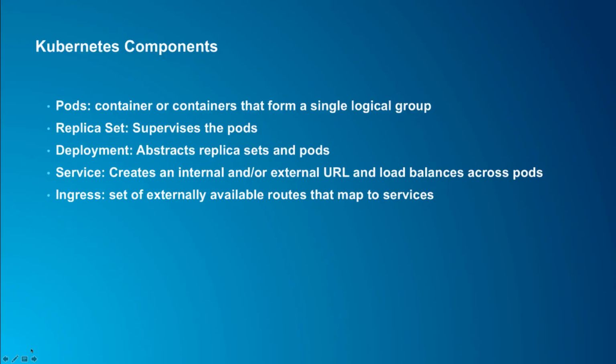Then you have a replica set, which supervises your pods. So you say, I want a replica set that has 3, and Kubernetes will take that information and make sure that 3 of those pods are placed around your cluster where it makes sense according to resource utilization or any constraints that you've specified. And that's really what it means when I say orchestration. The cluster itself is placing the containers, making sure that they stay alive.